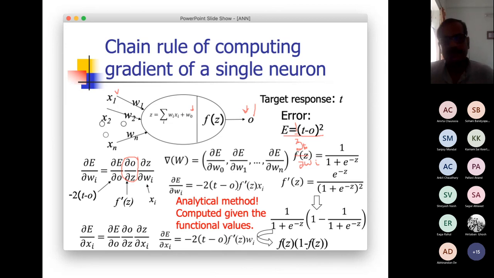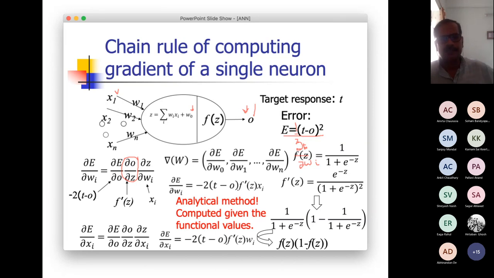One of the advantages is that it's an analytical method. Analytical in the sense that when you are computing this gradient, as I mentioned with the empirical method, you give a kind of stimulation and compute the functional values, change the corresponding parameter value and compute the functional values again, observe the differences, and from there compute the gradient. But in this case, you do not require to do those things.